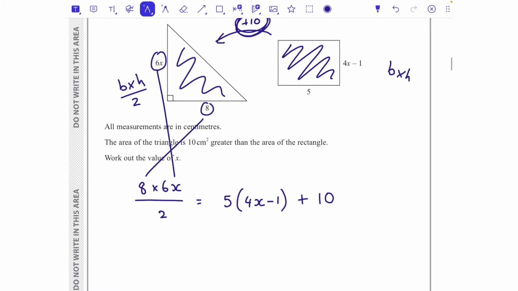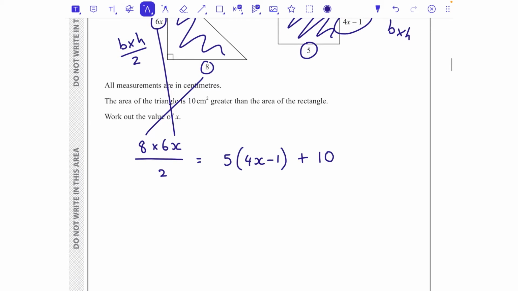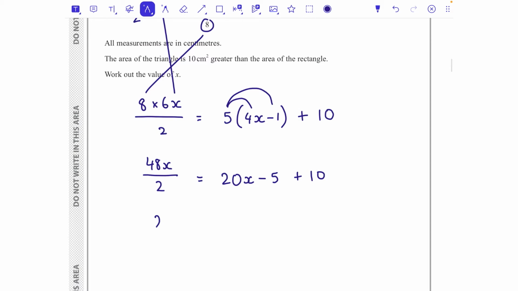So I've done the area of this, 5 times 4x minus 1, add on the 10 equals the other area. Let's just sort that out now. So I've got 48x over 2 is 20x minus 5, because I'm doing this times this and this times this, add 10, which becomes 24x is 20x, add 5, because I'm at minus 5, and I'm adding 10, which brings me up to positive 5.